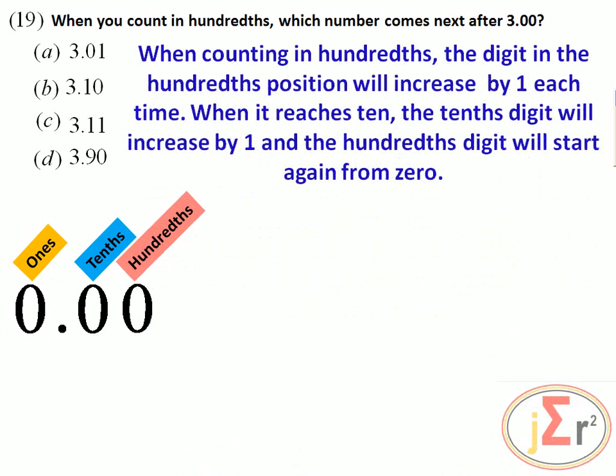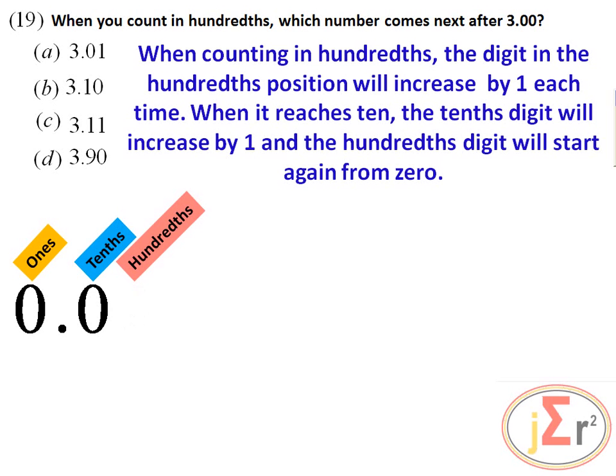When counting in hundredths, the digit in the hundredths position will increase by 1 each time. When it reaches 10, the tenths digit will increase by 1 and the hundredths digit will start again from 0.